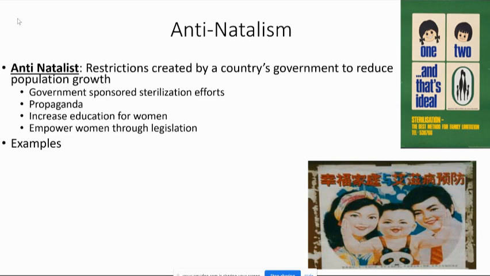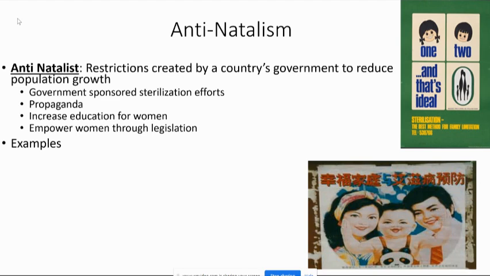Okay, secondly, and you're going to see this in both antinatalist and pronatalist or just natalist, and that's propaganda. And so I want you guys to take a look at the pictures that I have on the screens here. Propaganda is just any information that a group, in this case, the government, puts out to kind of influence you to think a certain way. And so you can see these kind of ones that I have up here.